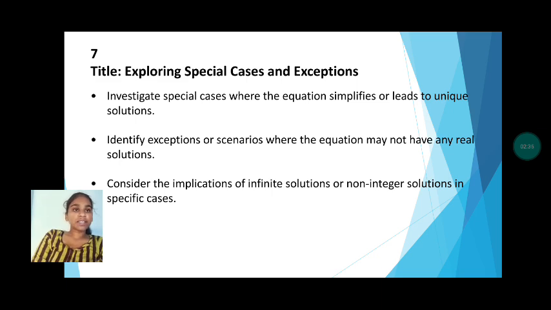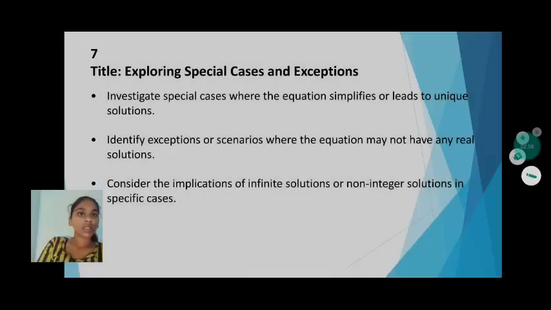Exploring special cases and expansions. Investigate special cases where the equation simplifies or leads to unique solutions. Identify expansions or scenarios where the equation may not have any real solutions. Consider the implications of infinite solutions or non-integer solutions in the coefficient.